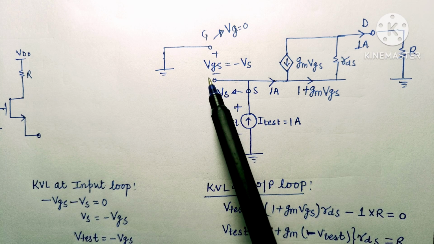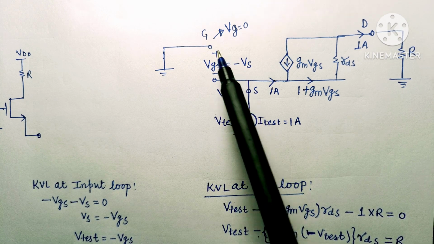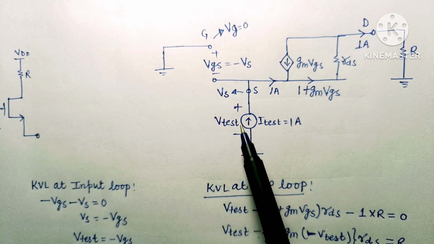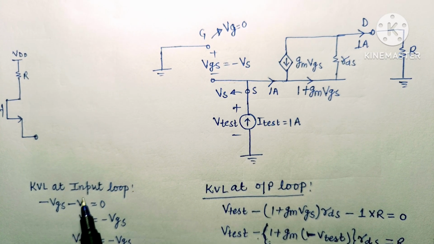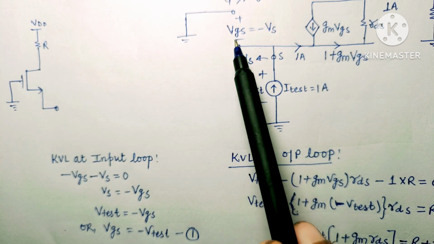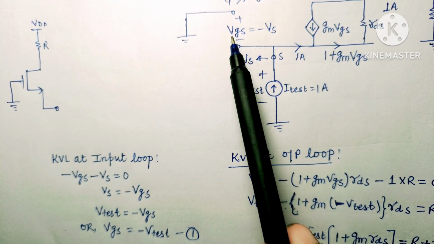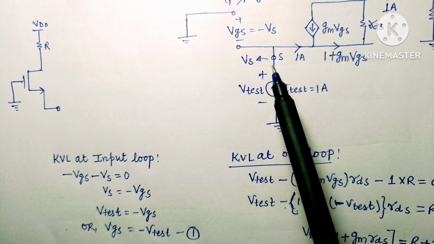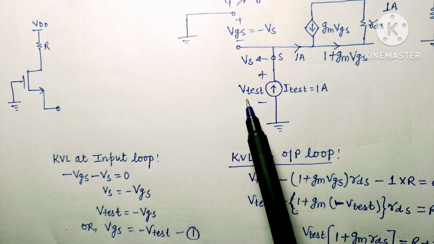Now VGS is equal to minus VS, if we apply KVL at this input port. If we move from the gate towards the source, we find that the second sign is minus, so minus VGS. And at this node we find the voltage source VS equal to V test voltage.